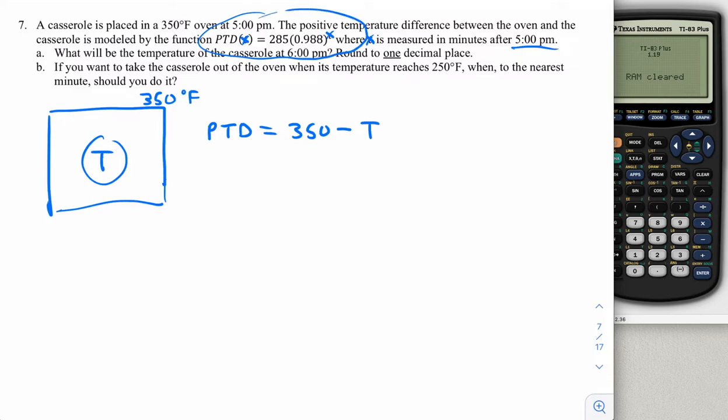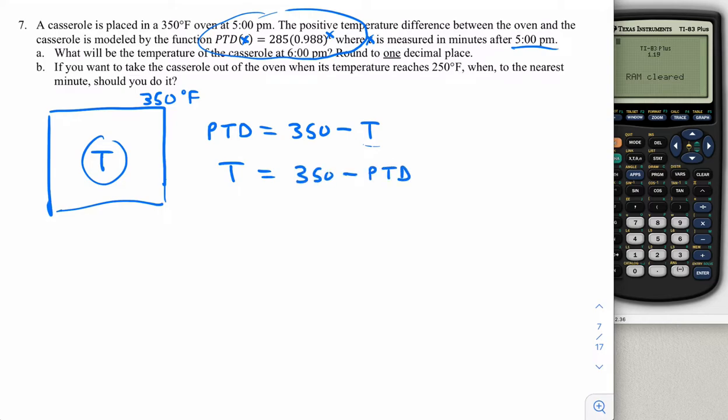And we actually want to make predictions about this casserole's future temperature. So we actually want to model T. So let's add T to both sides of this equation, and let's subtract PTD from both sides to rewrite it as T equals 350 minus PTD.